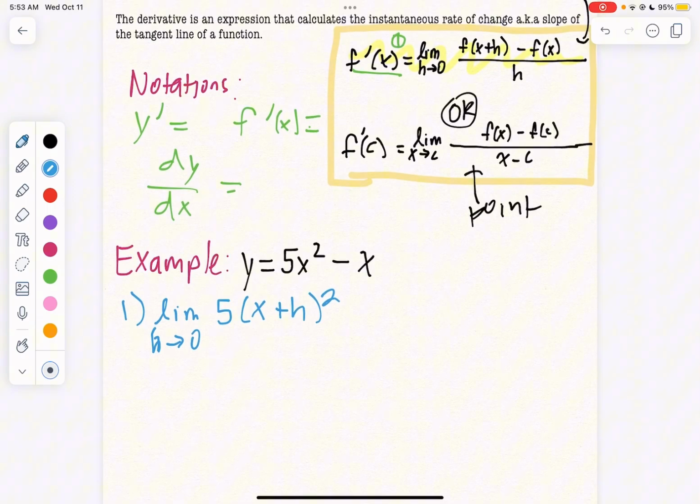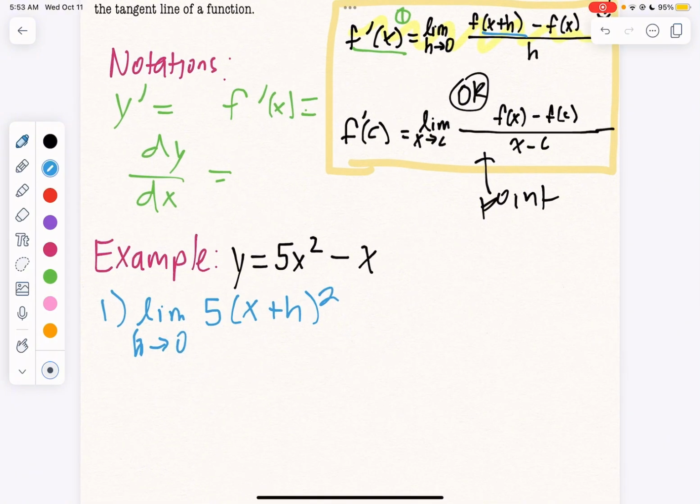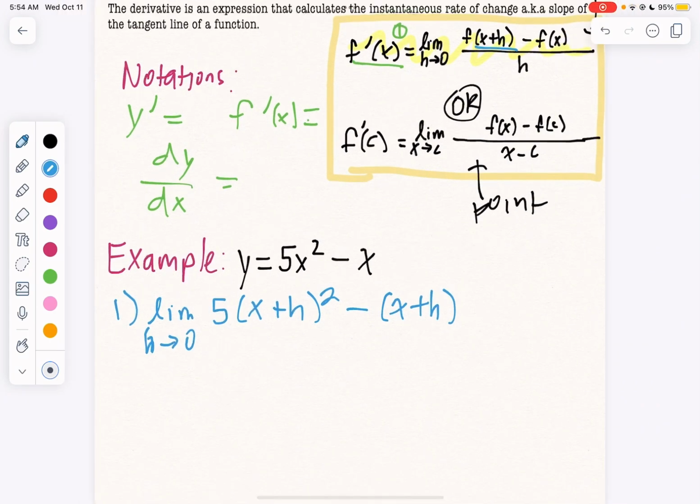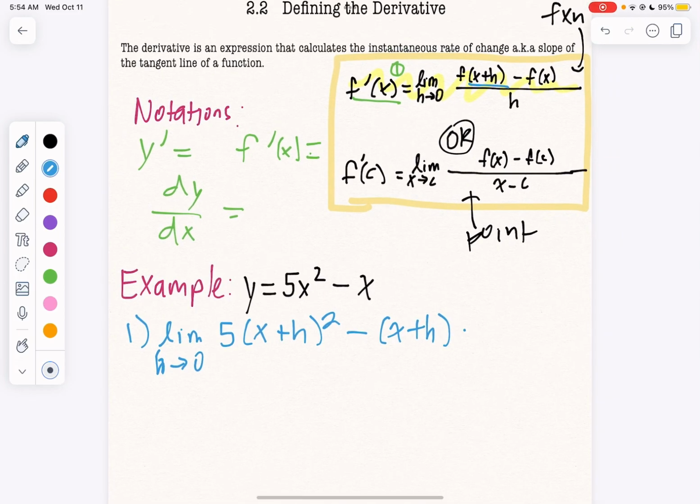Basically you're plugging in the x plus h seen right here, for every value of x. So 5 times x plus h squared minus x plus h, minus the original function, minus 5x squared minus x, and this is all over h.